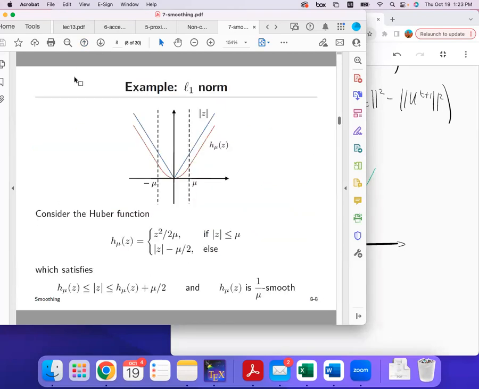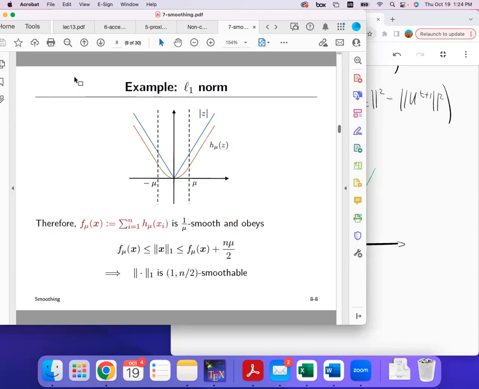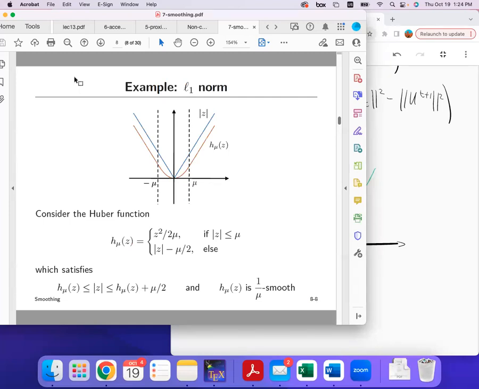But the essential idea is that whenever we see a non-differentiable point, we can try to approximate the function using some differentiable components. So this is a one-dimensional construction.